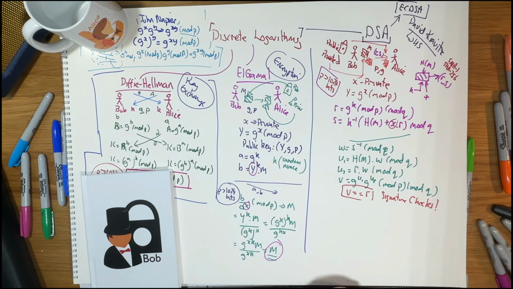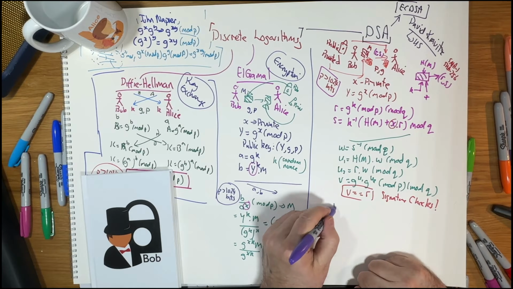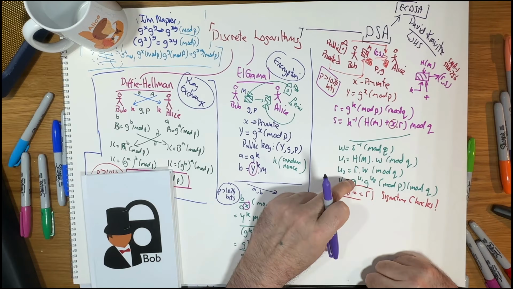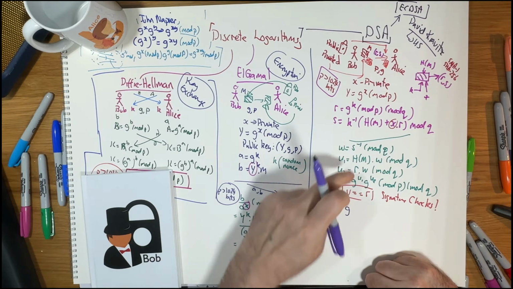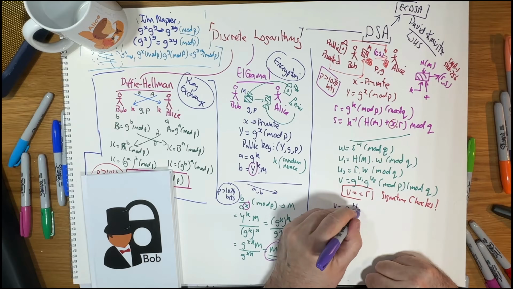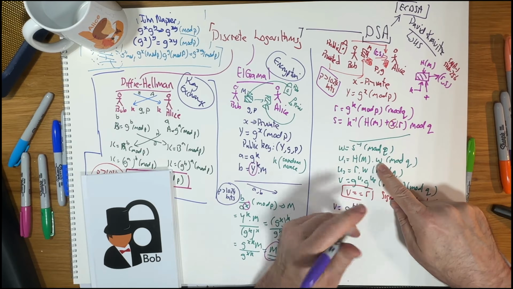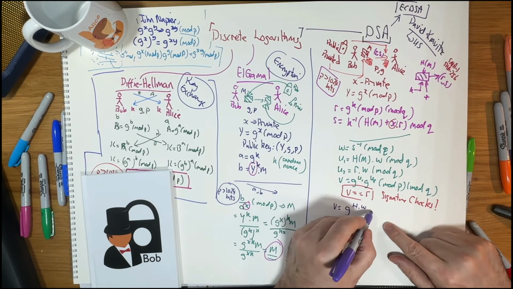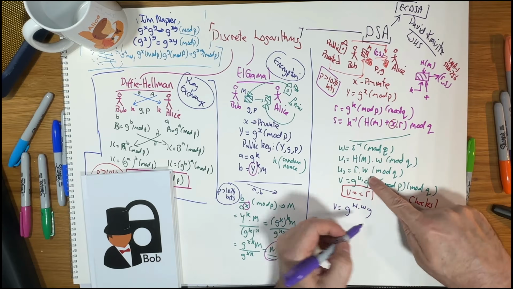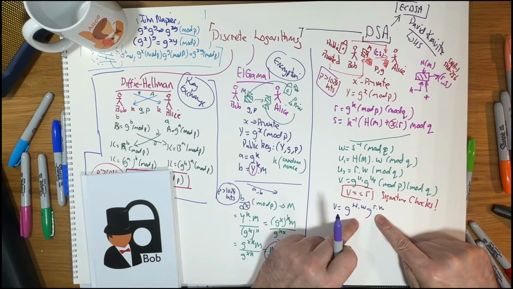So let's see how that actually works. V is equal to G to the power of H, where H is the hash of the message, times W, multiplied by Y to the power of RW.